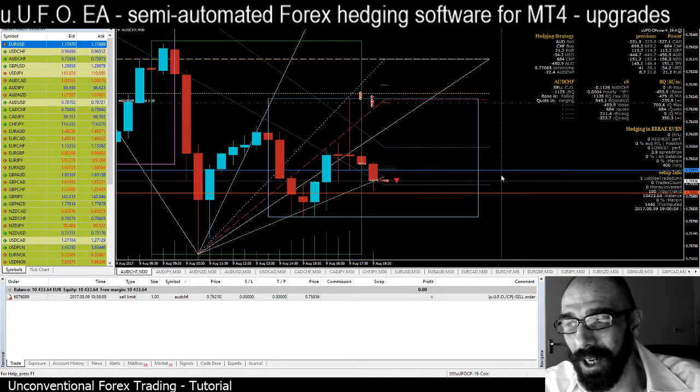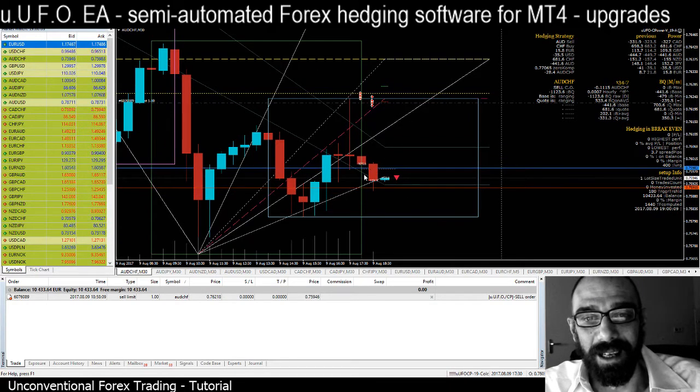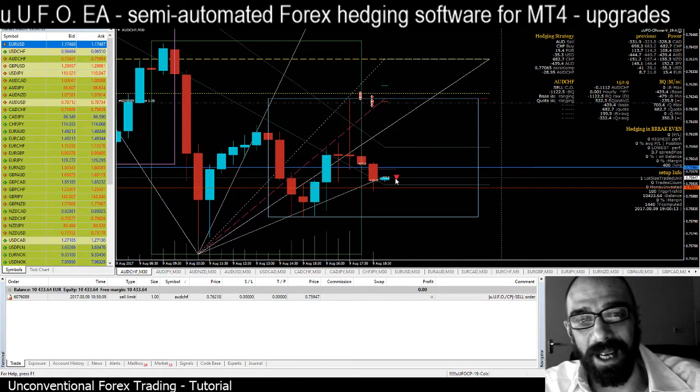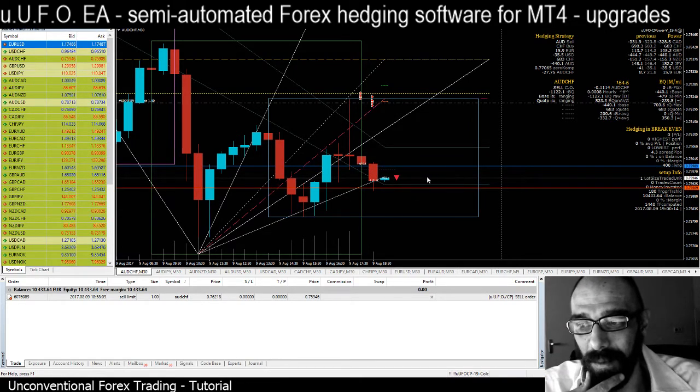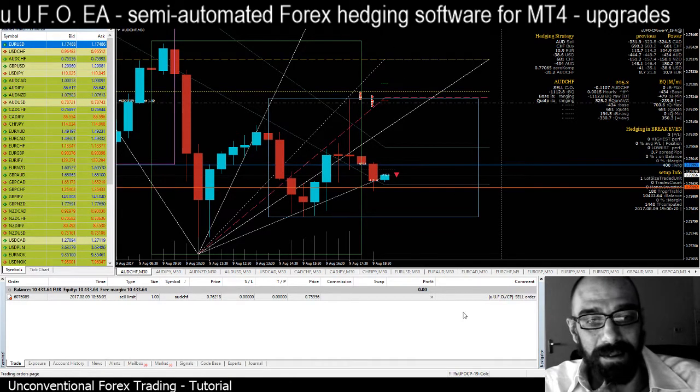I have other trades, and as I said, this is an hour where a lot of things can happen, because we're going towards the end of the market. Anyway, this is the way it works.